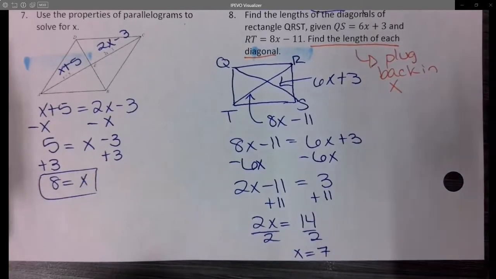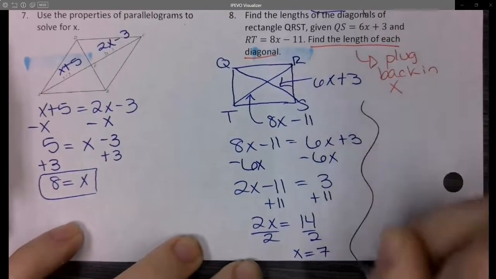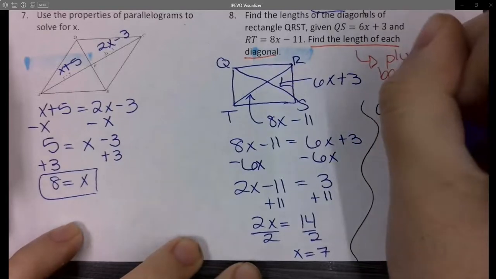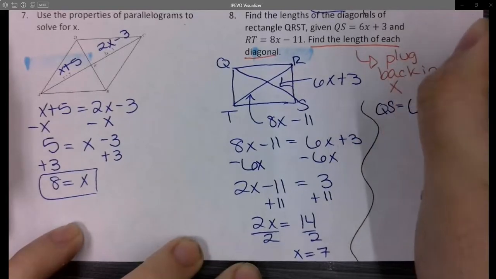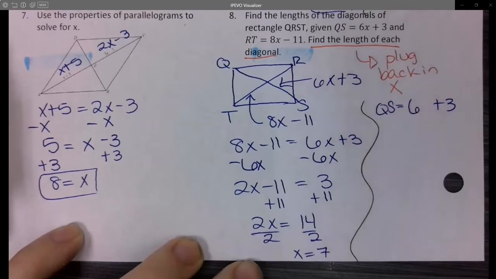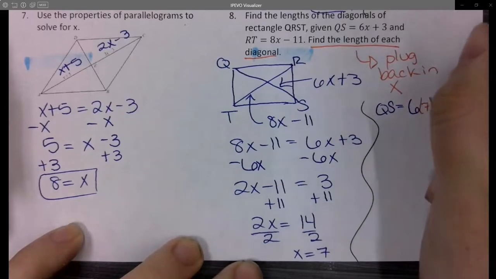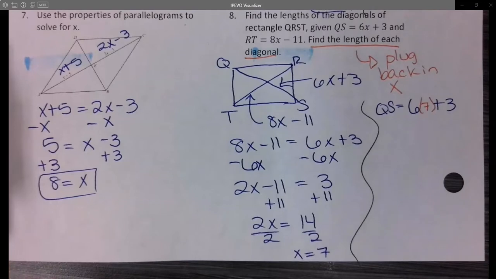So I want to do QS was 6x plus 3. So I'm going to plug in my x, which was 7.